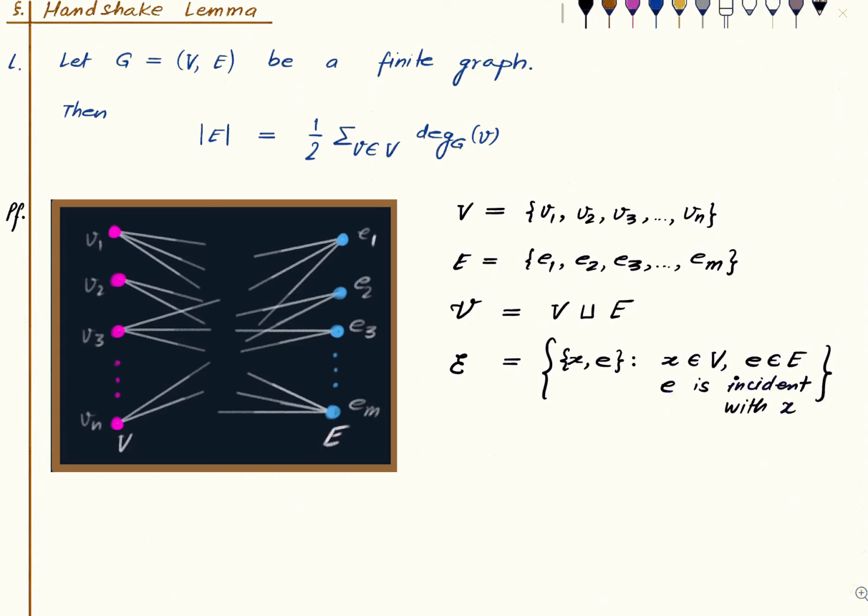So what we are doing is you pick a vertex, V1, let's say, and ask what are the edges in the original graph which V1 is incident with, and just join it with those in this new graph. Similarly, you ask V2, what are the edges which are incident with it? And you join it with those.